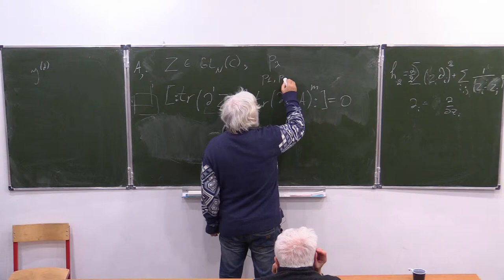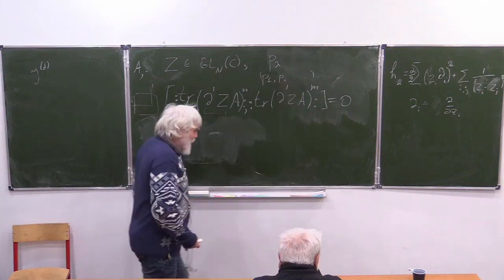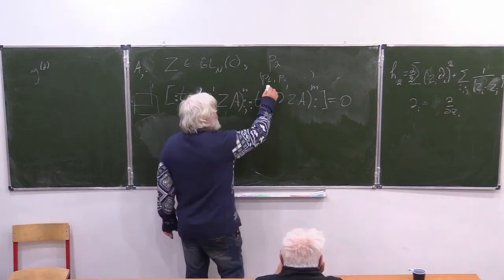If we have a matrix and eigenvalues, we can construct Newton sums. And these Newton sums are called power sum variables. P1 is just the trace of the matrix. P2 is the trace of Z squared, and so on.